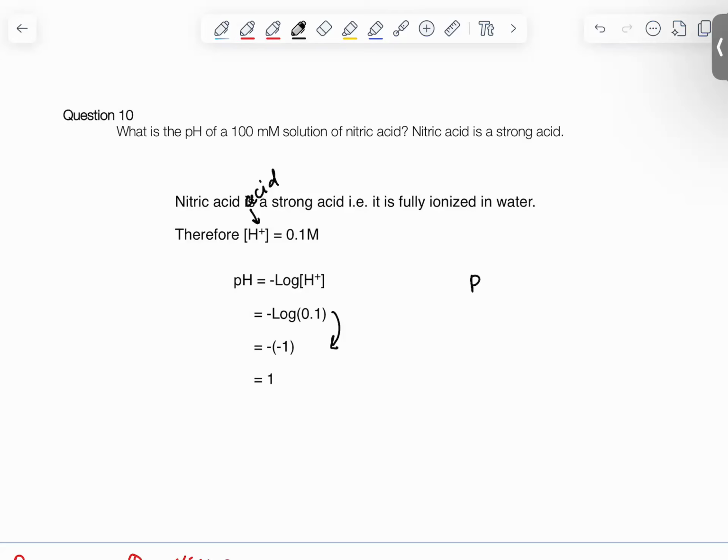But if we had been given a pH and you're finding the concentration, how would you do that? How would you isolate your X from a negative log? What is the inverse of negative log? 10 to the power. So you would do 10 to the negative, because we have that negative there. 10 to the power of -7 equals X.